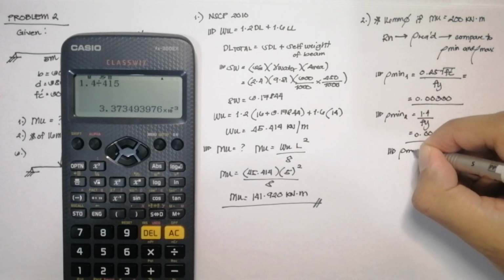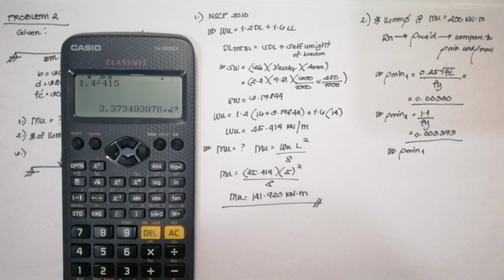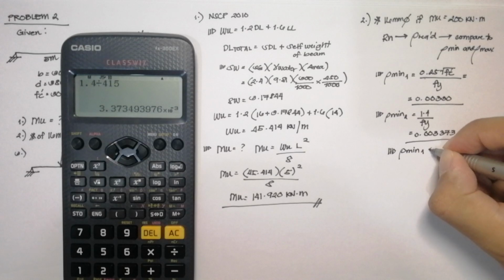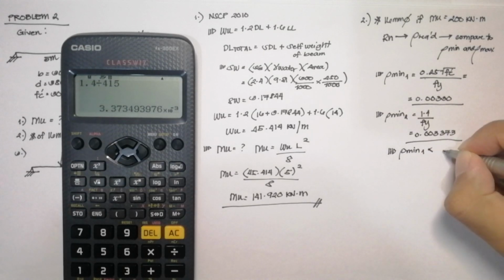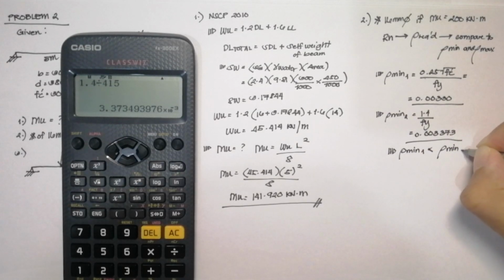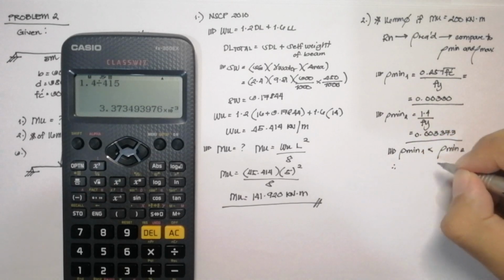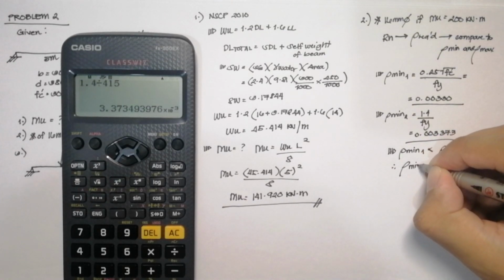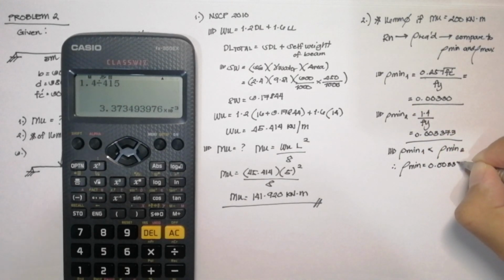So we can observe that the value of the rho minimum 1 is less than rho minimum 2, in which it should not be less than the rho minimum 2. So we are going to use the governing minimum reinforcement ratio equal to 0.003373.